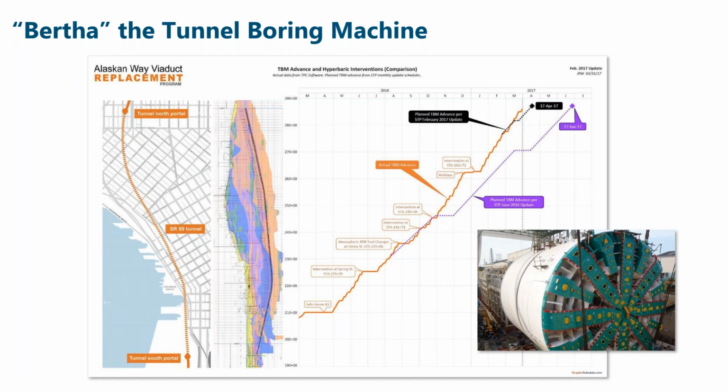With the single image, you can compare the production rate, the purple is the planned production rate versus the actual, which is the orange one.